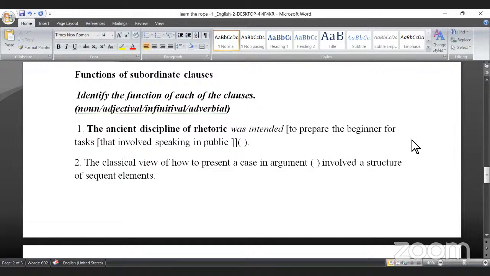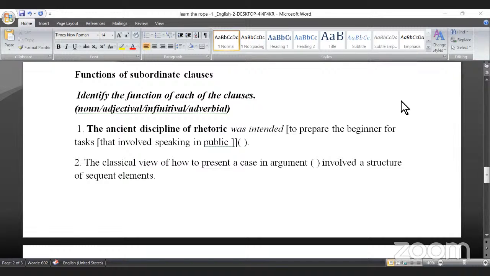Okay. Get this point? Others, those of you listening? Any confusions? Yes, ma'am. Okay. So you have the larger clause, which is an infinitival clause, within which you have the adjectival clause that involves speaking in public. It's an adjectival clause because it modifies your noun tasks. Okay.